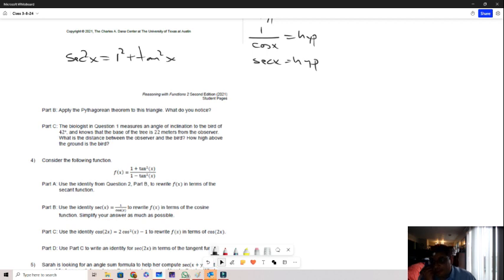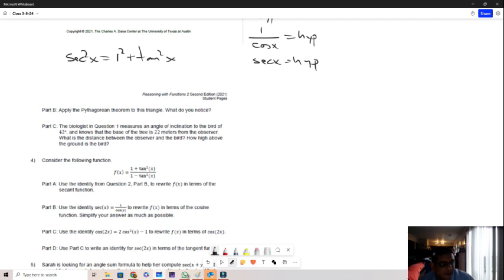Remember, secant is just in terms of the adjacent because it's related to the cosine. So if I don't have the opposite, I can transform a tangent into a secant, and that can reduce the amount of values that are needed for solving anything.